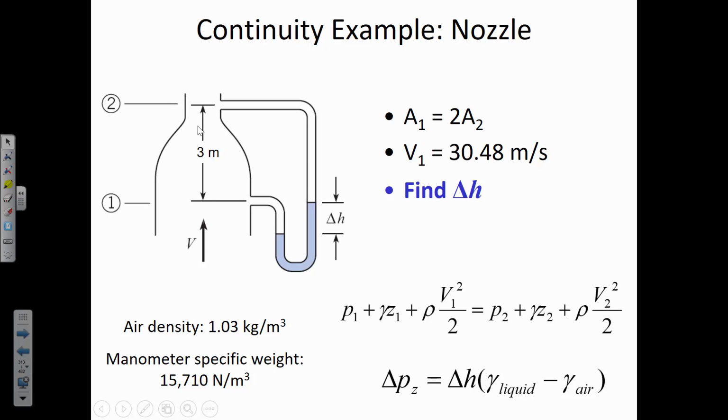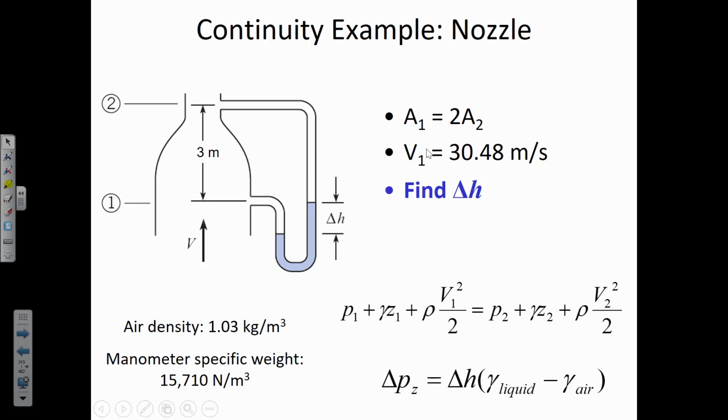We know that the area at 1, where it's wide, is double the area at 2, where it's narrow. So this first bullet point is saying A1 is double A2. Then that means we know the velocity at 1 is 30.48, so the velocity at 2 is going to be double that.